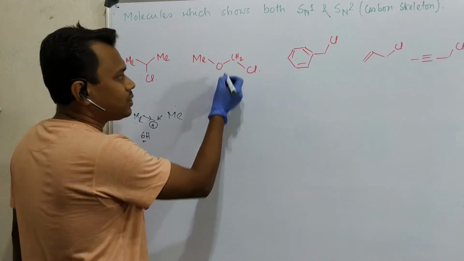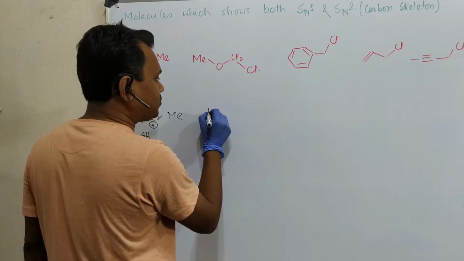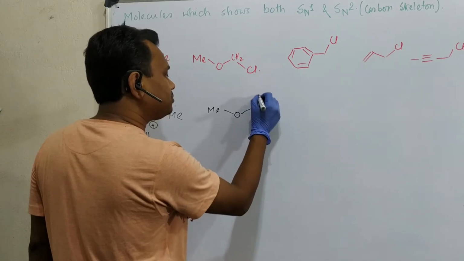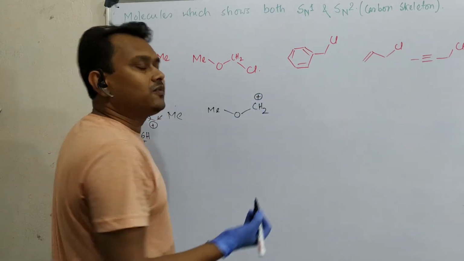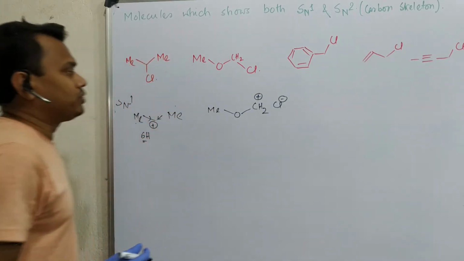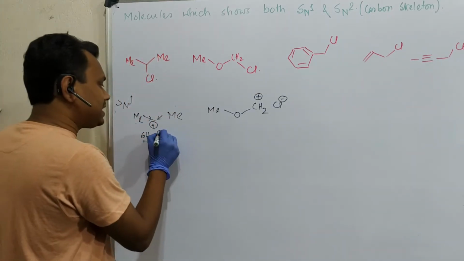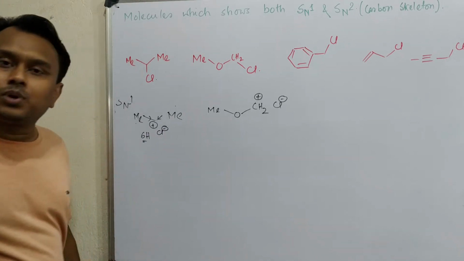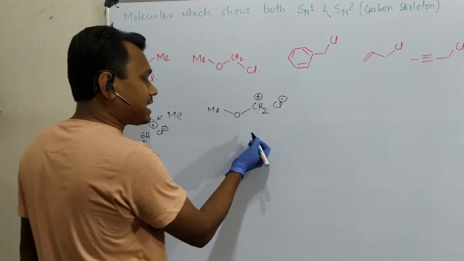If you look at this, what it will produce for SN1 is this cation, because we know that in the SN1 reaction the first step is ion formation. In every case there is an ion pair, you can see. Now the stability of this carbocation is important. This is actually stable.